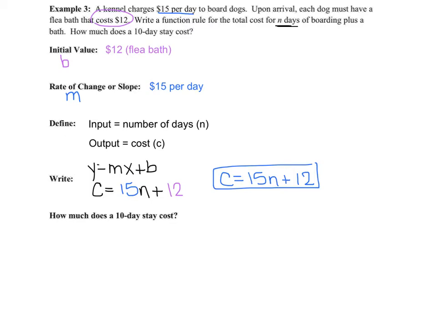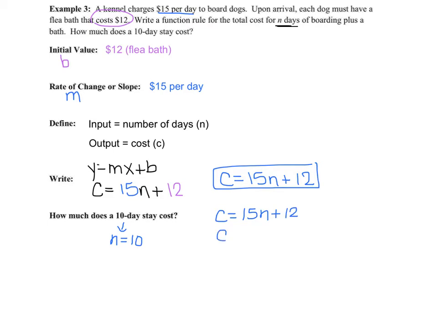Okay, so now we just found the function rule, which is C equals 15n plus 12. And our last question is asking us, how much does a 10-day stay cost? So our 10-day, what does that stand for, 10? Well, we identified our input is the number of days. Therefore, our 10 is our n value, our number of days. And if you read the question, it's asking you how much does a 10-day stay cost? So we want to find our cost, our output. Therefore, we're going to rewrite our function rule as C equals 15n plus 12.